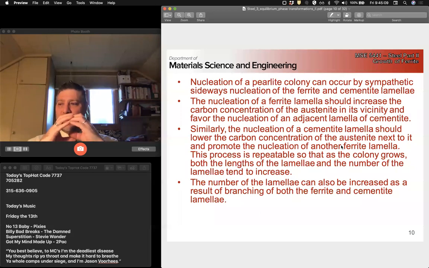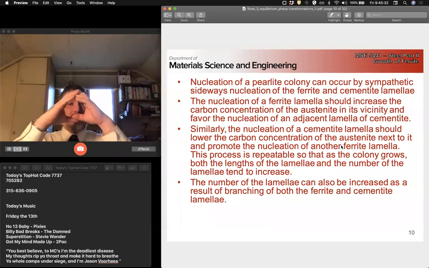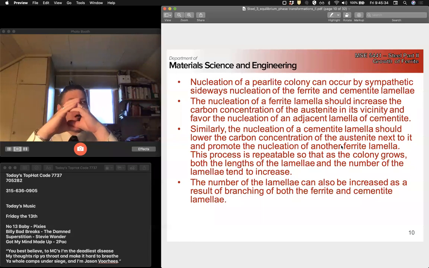we can probably speculate that the growth rates of these phases are going to be dependent on how fast we can diffuse carbon away, right? If we were just growing the austenite, the growth would be slow, right?